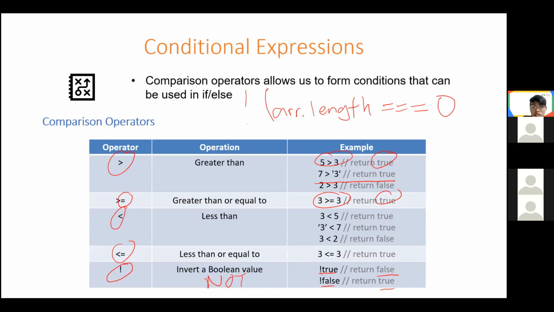Then you just do this. When the array has some items inside, let's say the length equals 1. Is 1 equal to 0? It's not, right? So here we evaluate to false. And since I'm doing a not over here, it evaluates to true.